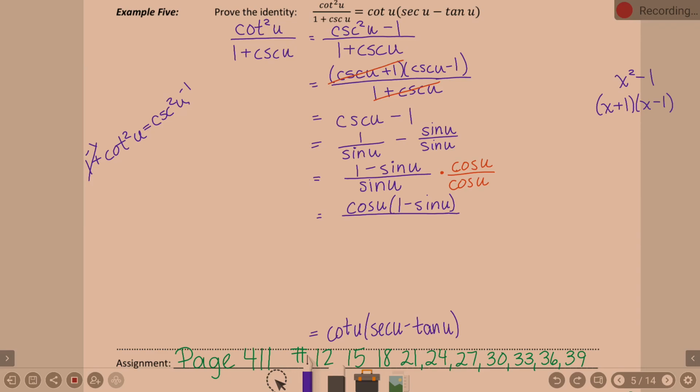On bottom, I have sine u times cosine u. Officially, it doesn't matter which order I put those in, does it? But I'm trying to give you a visual, so I'm going to put the sine first and then the cosine: sine u times cosine u.